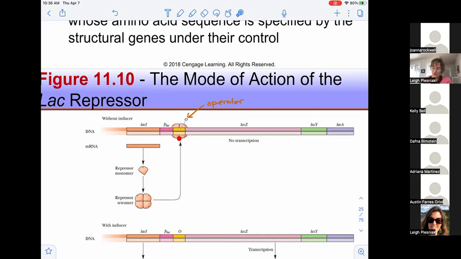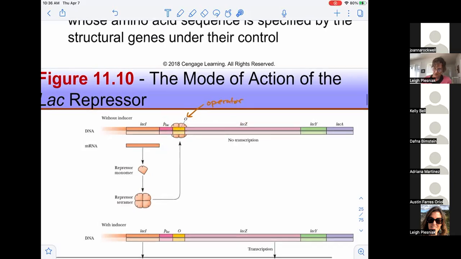When the repressor is bound to the operator, RNA polymerase is blocked. Remember, the rate-determining step for transcription of a set of genes is RNA polymerase binding to the promoter. So if RNA polymerase does not have access to the promoter, these genes are not transcribed.